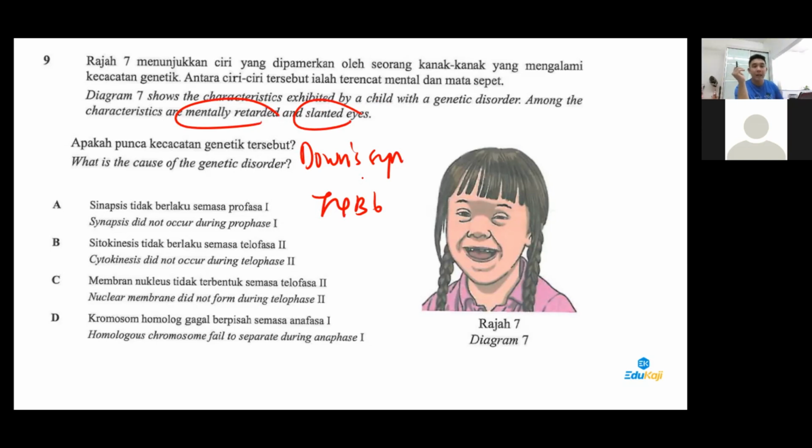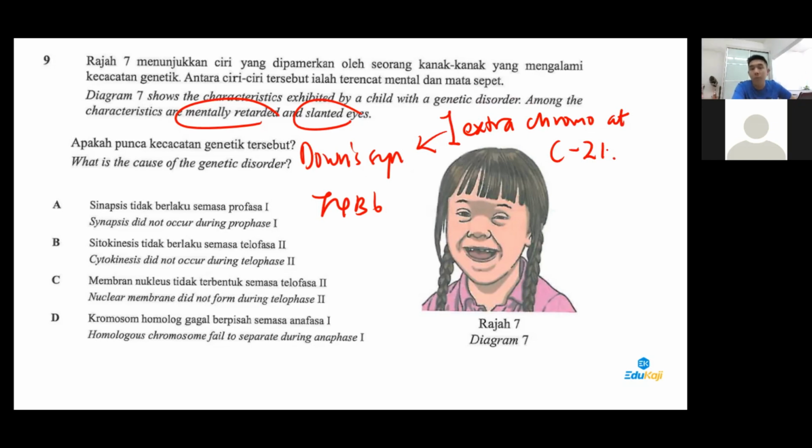So guys, number 9 here, why got such a genetic disorder? Guys, what is Down syndrome? Down syndrome occurs because there exists one extra chromosome at chromosome 21.